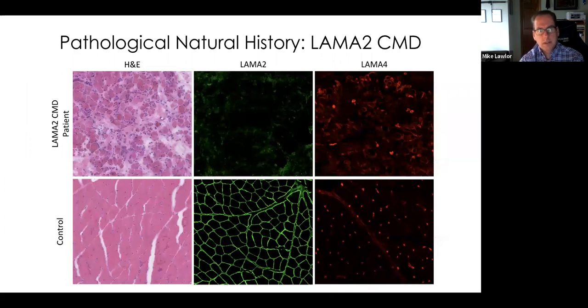Here's a project that we've done in collaboration with the CMDIR and with Prothelia, which is a company that was focused on LAMA2 congenital muscular dystrophy. And the idea here was actually to transition a bunch of anecdotal knowledge that had been accumulated over the years about what happens in LAMA2 congenital muscular dystrophy, and to produce a presentation and a paper about some key aspects of the disease.